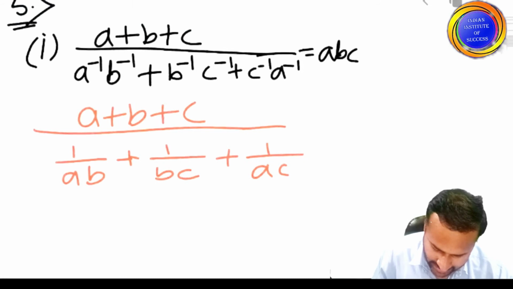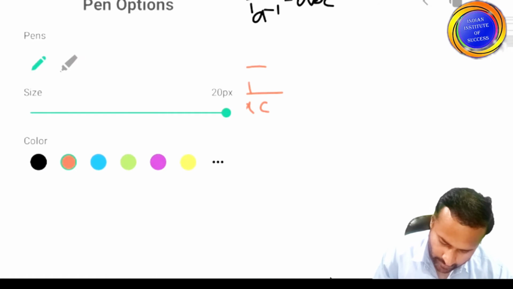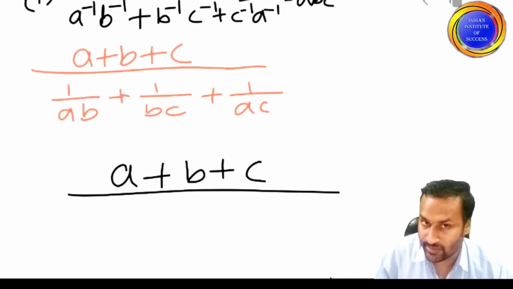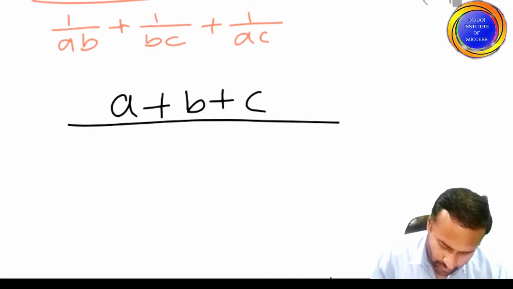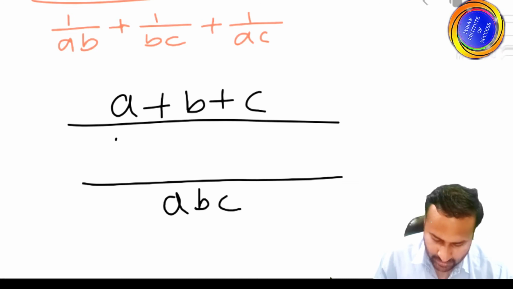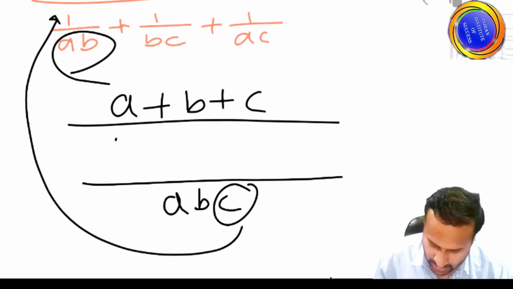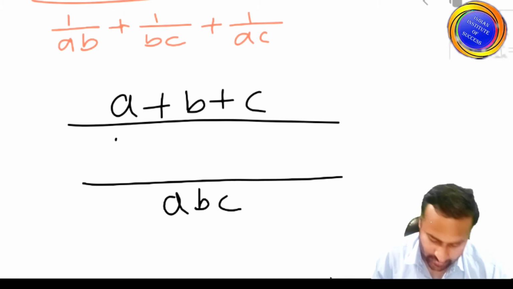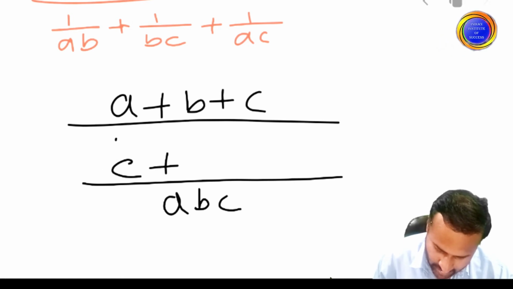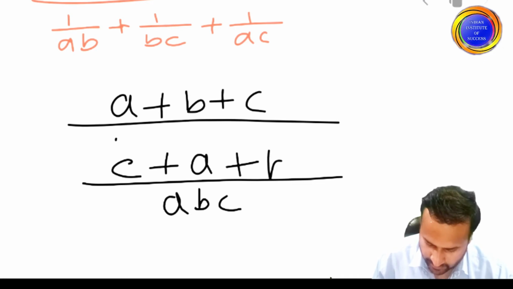Now we will take the LCM of these denominators, so it will become abc. a plus b plus c upon 1, it will become like this, abc. Now ab is here, so c is multiplied to 1. I hope you understood how to take the LCM. It is very easy. So c will be here, then a here, then ac is there, b here.